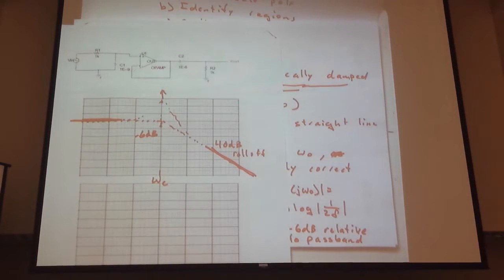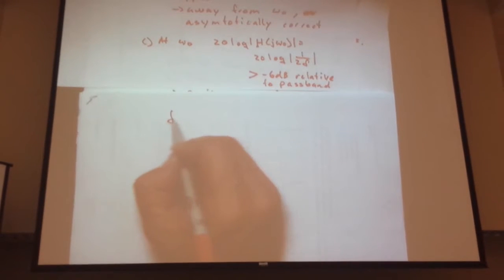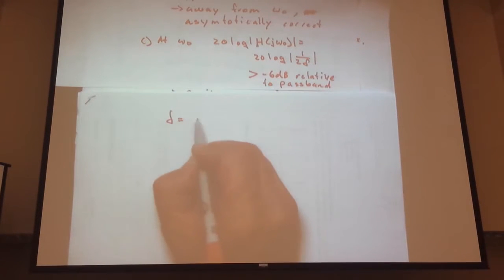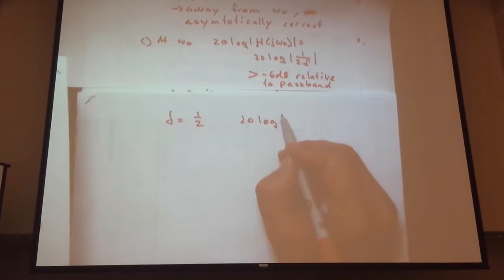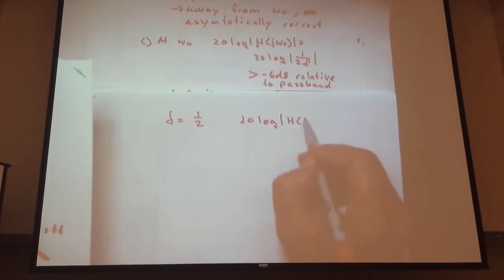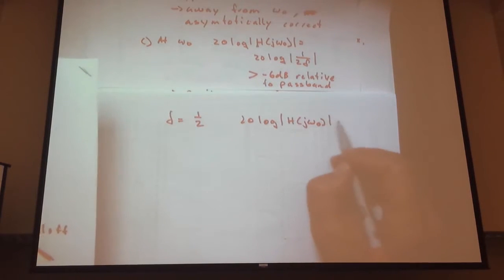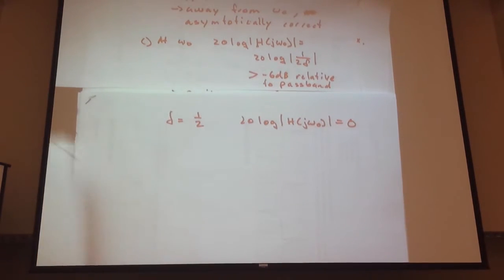A couple special cases again. In this case, the damping coefficient equals 1/2. Well, in this case, 20 log of h of j omega naught equals 0. So that's 0 dB relative to the pass band.